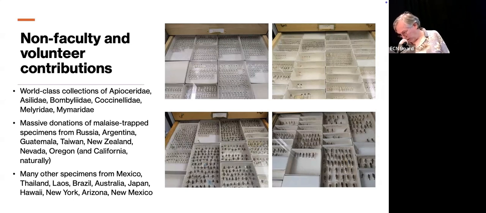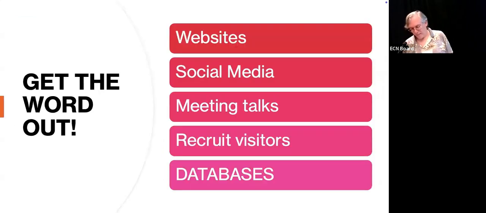With this much stuff to share, it's not always easy for us or any large collection to put all of that material to good use, and it's not always easy to get the word out about what you have. How do we do that? Well, there's many ways. We have a website, and it tells a lot of the same story I've already told, but people have to seek that out to find it and get that information.